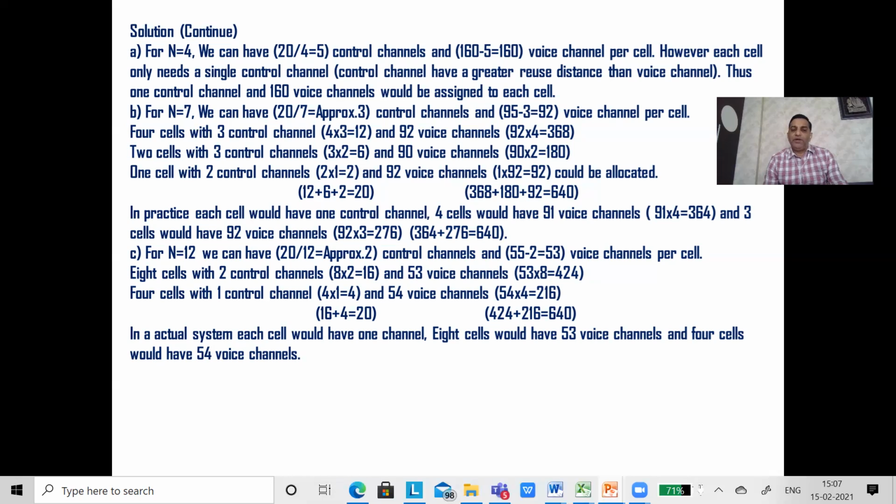And 4 cells with 1 control channel, that means 4 into 1, that is 4, and 54 voice channels, that means 54 into 4, that is equal to 216 voice channels. If we combine 16 plus 4, that becomes 20 control channels, and 424 plus 216 will become 640 voice channels. In an actual system, each cell would have one control channel. So 8 cells would have 53 voice channels, and 4 cells would have 54 voice channels.